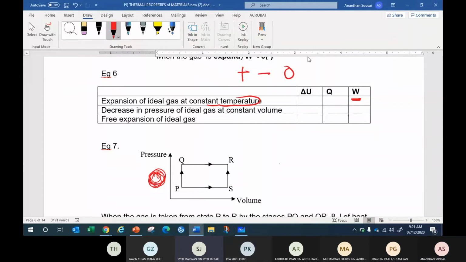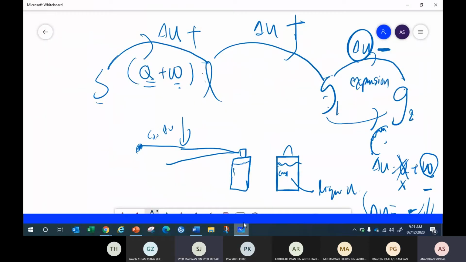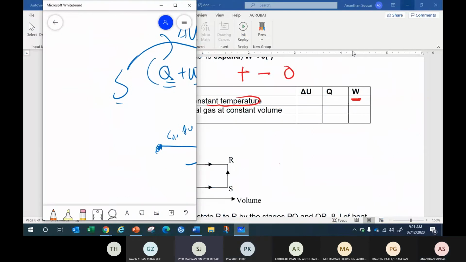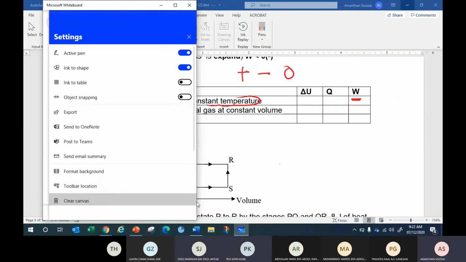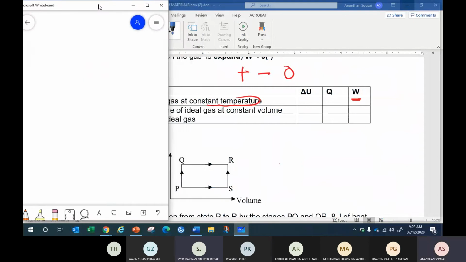Okay, hold on. The first law, and also what is meant by internal energy? What is internal energy? Change of what? The sum of EK plus EP, right? Yes.